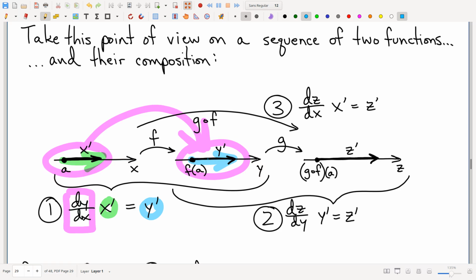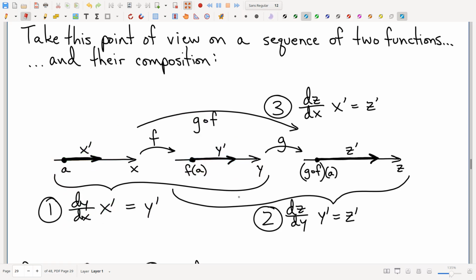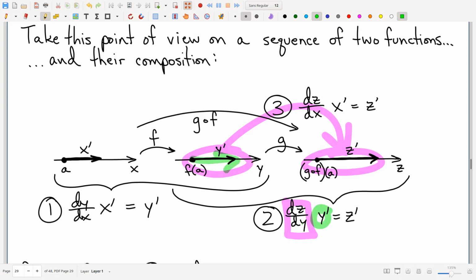Okay, let's talk about what is the derivative of g. The derivative of g is this factor that I multiply by my input velocity to get my output velocity. Again, it's just a factor.